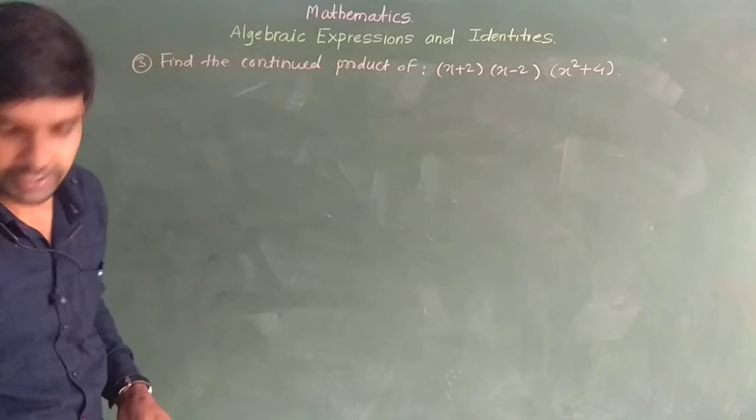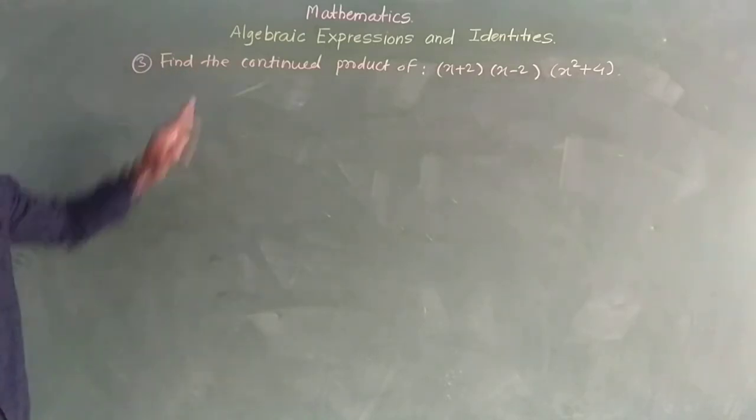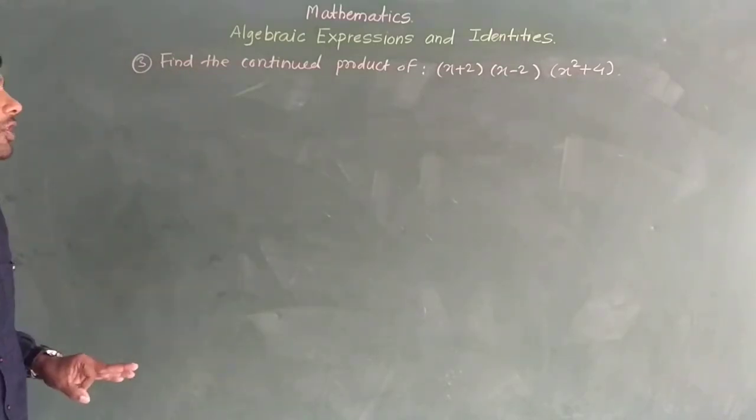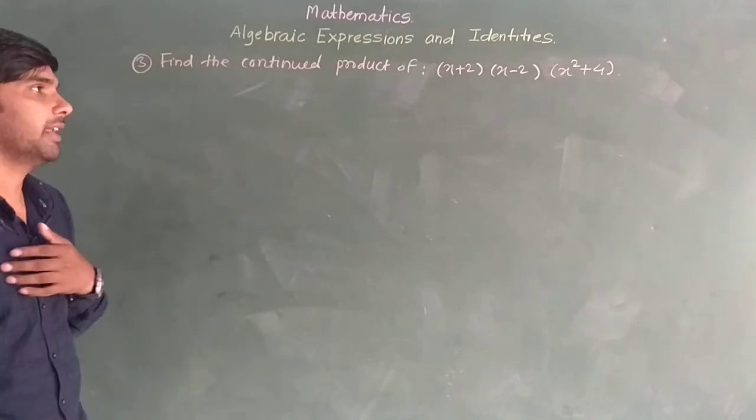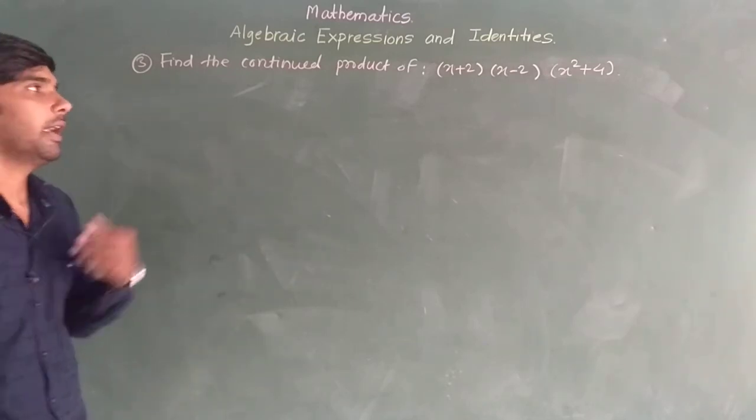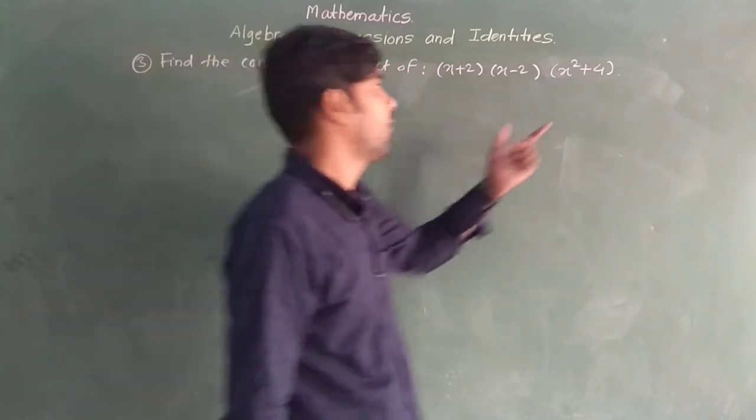Okay, look here. Find the continued product of x plus 2, x minus 2 and x square plus 4.